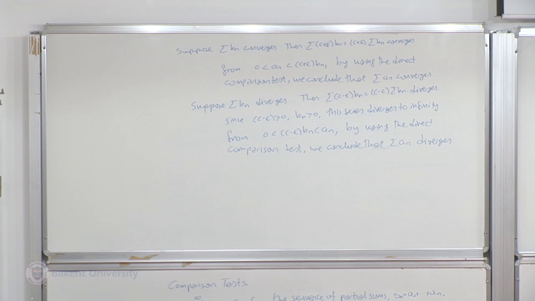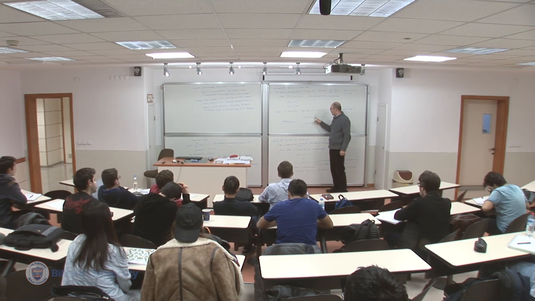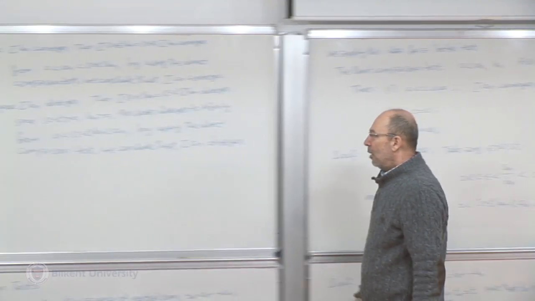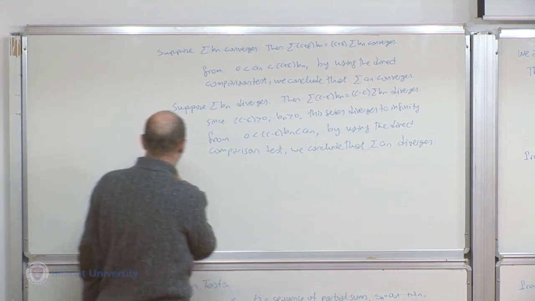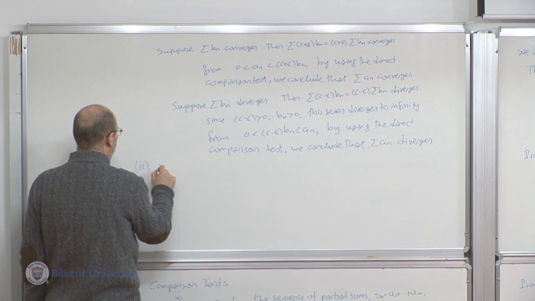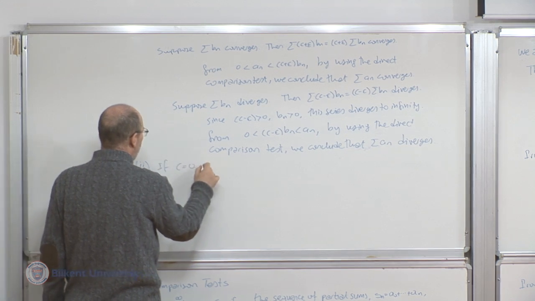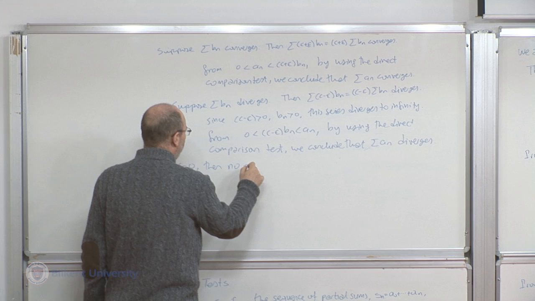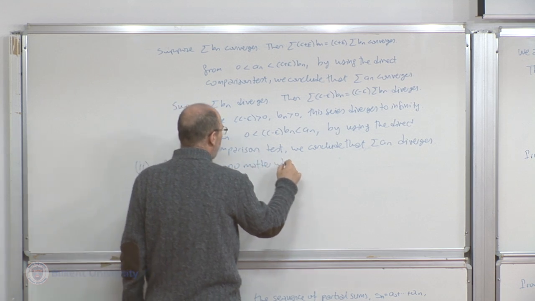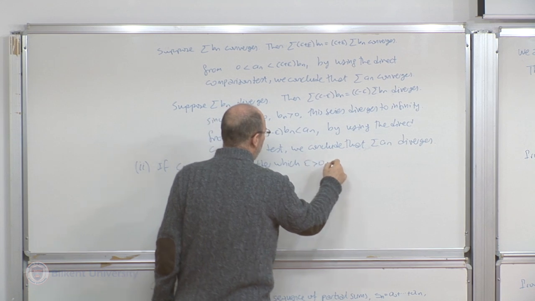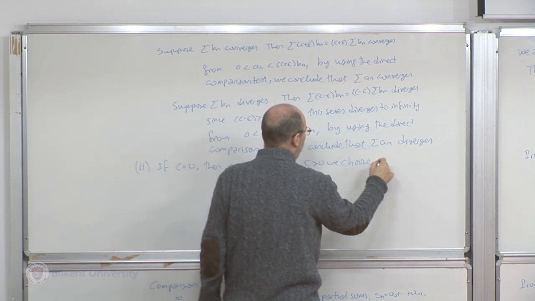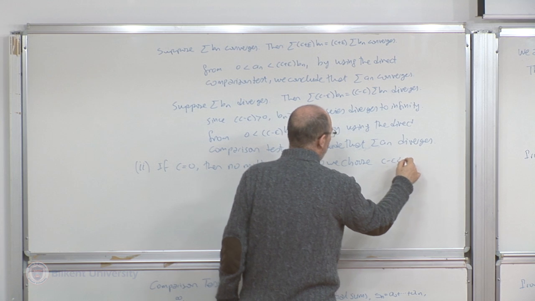Coming to the other cases, we realize that if C is 0, I cannot write this, so I'll only compare this side. Okay, so let's do that. So this was the first part. The second part, if C equals 0, then no matter which positive epsilon we choose, C minus epsilon is negative.